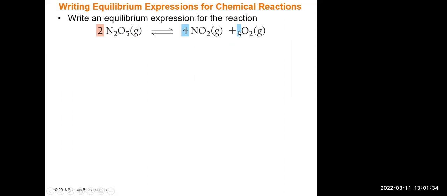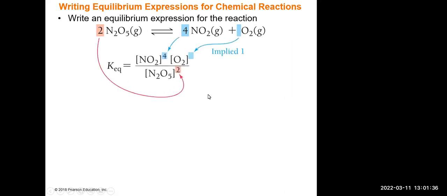This doesn't have a number, that means this is one. So therefore, we just use what we talked about. We see these are the two products. This is the reactant. So we put the products on the top using coefficients as exponents, and we have all three here because they are all in gas state.